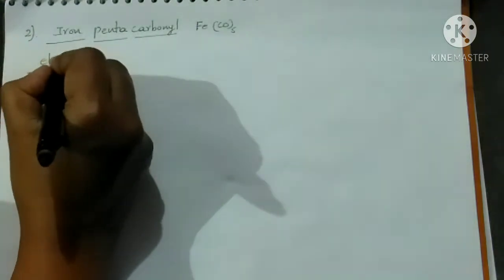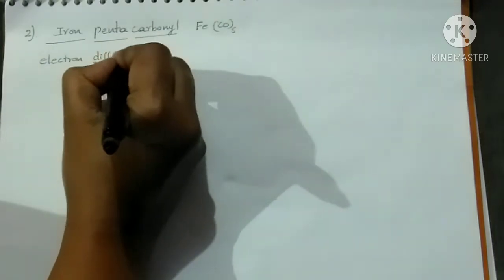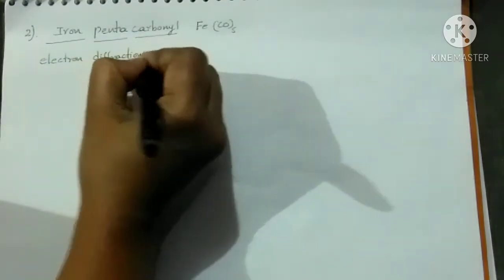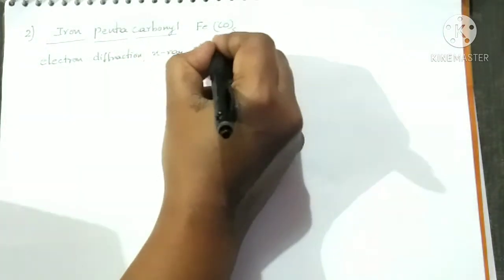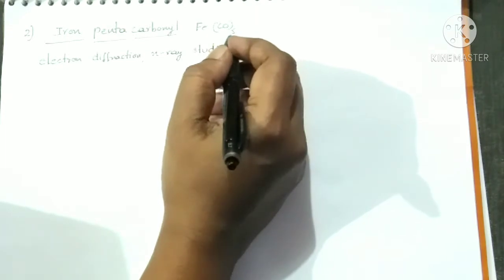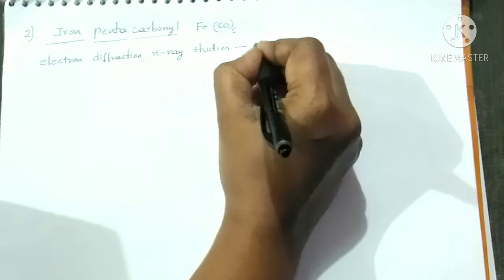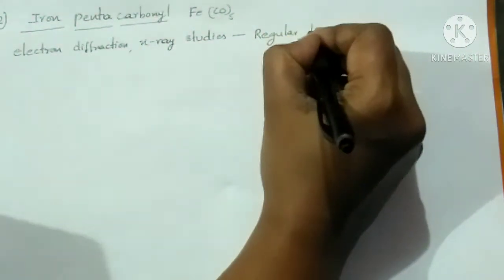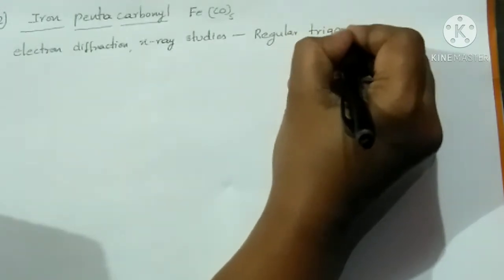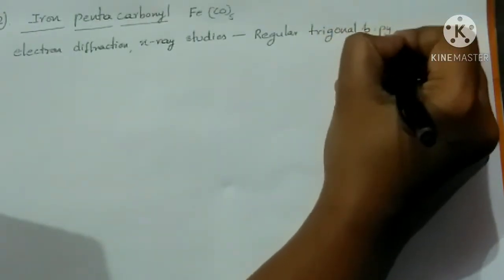Electron diffraction and X-ray studies have concluded that iron pentacarbonyl has the shape of a regular trigonal bipyramidal structure.